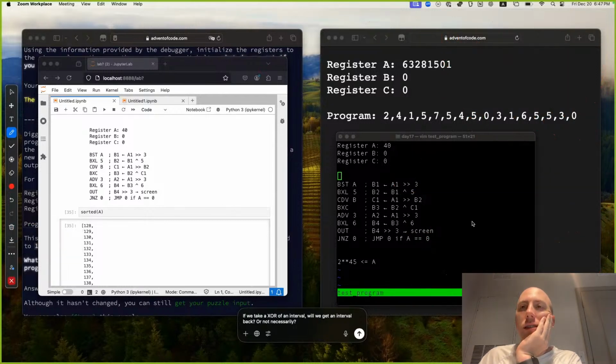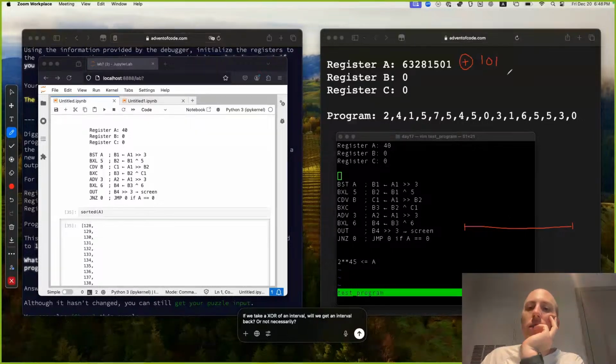Let's see. So let's look at 5 again, XORing with 5. 0 through 7 is whatever, but let's look at the values surrounding 7.